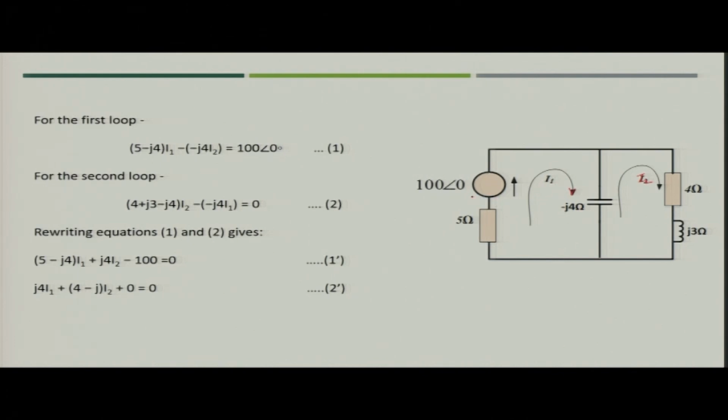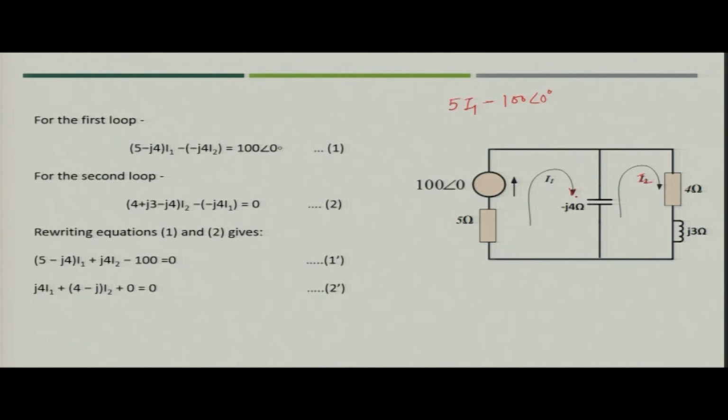So, we start with the 5 ohm resistance. Current is flowing in 5 ohm, so you can simply write 5 into I1. Then you are going from the lower voltage level to the upper voltage level, so in the case of the voltage source you will simply write 100 angle 0 degrees.